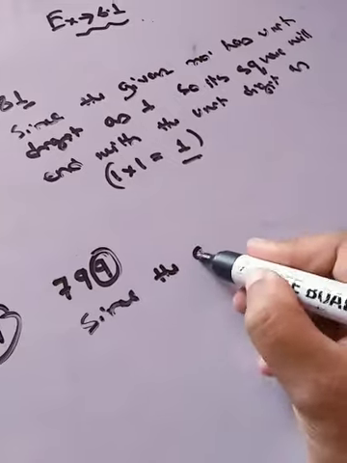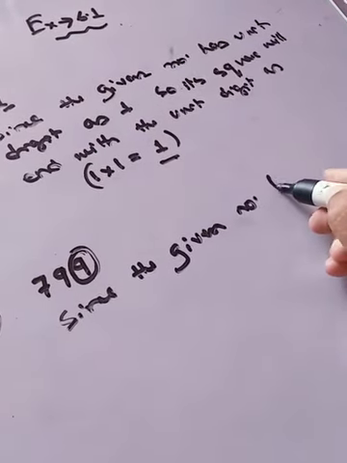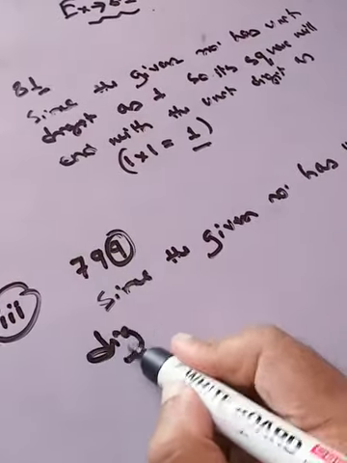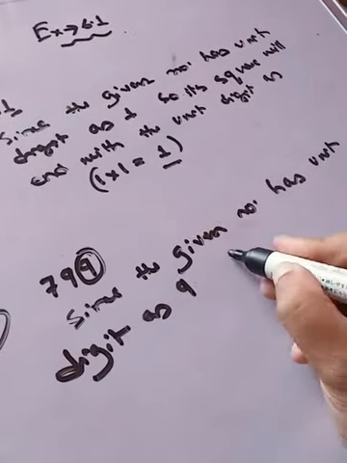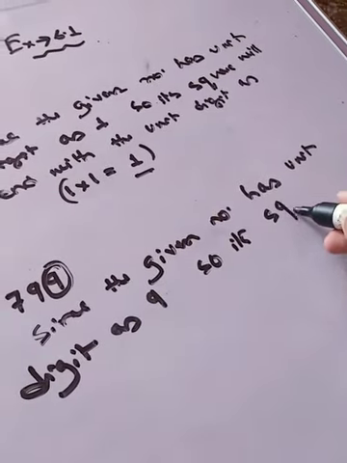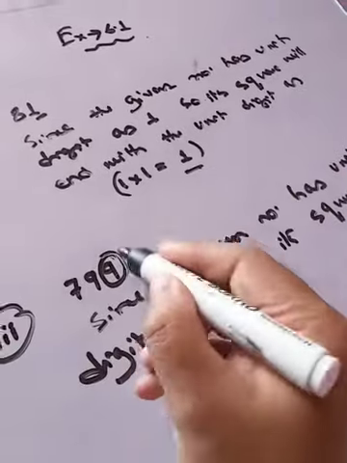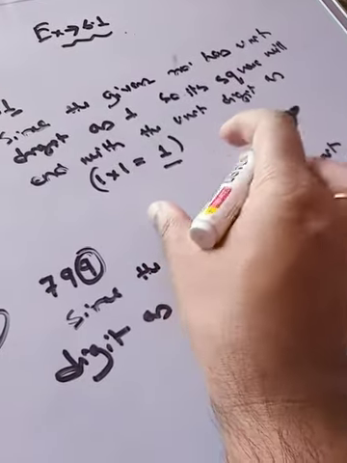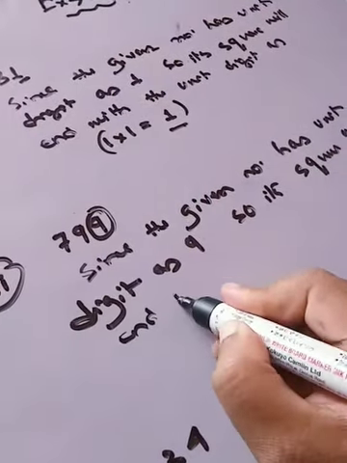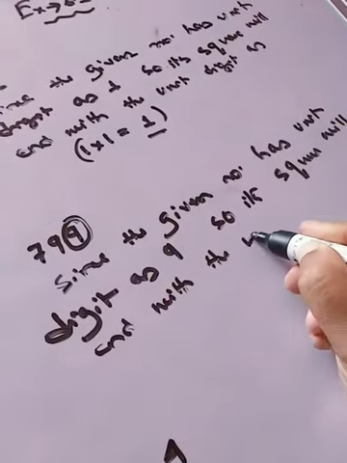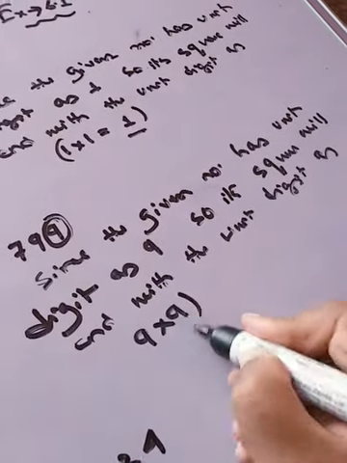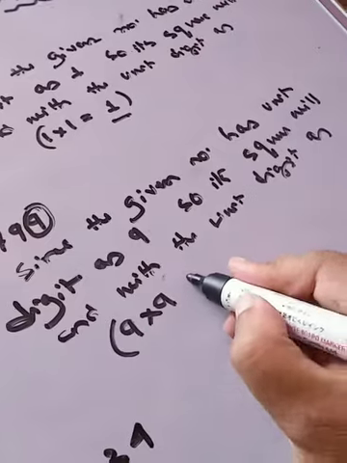So since the given number has unit digit as 9, its square will end with the unit digit as 9 into 9, which is 81.